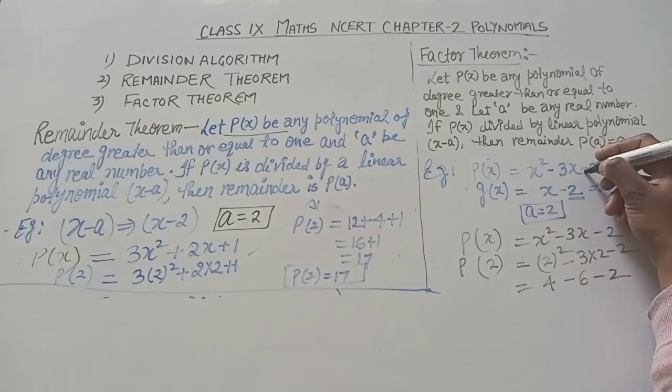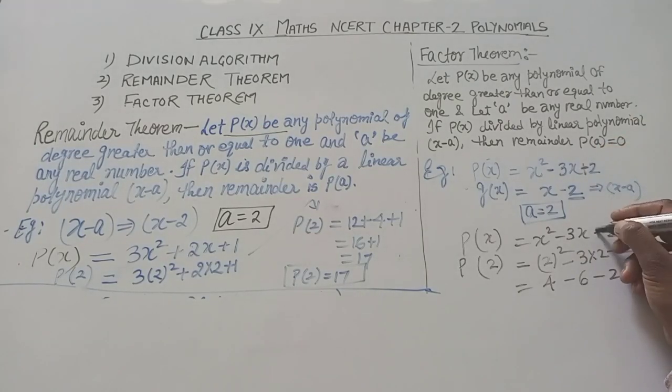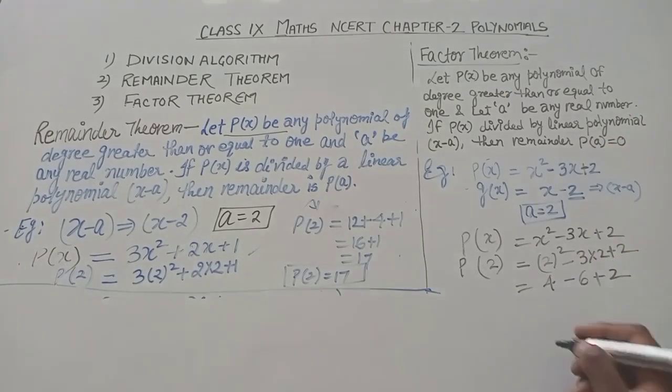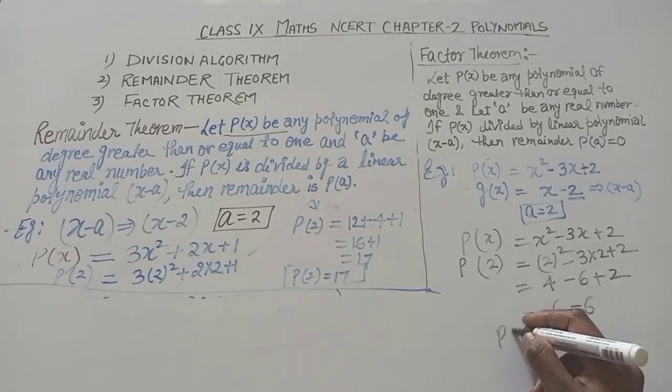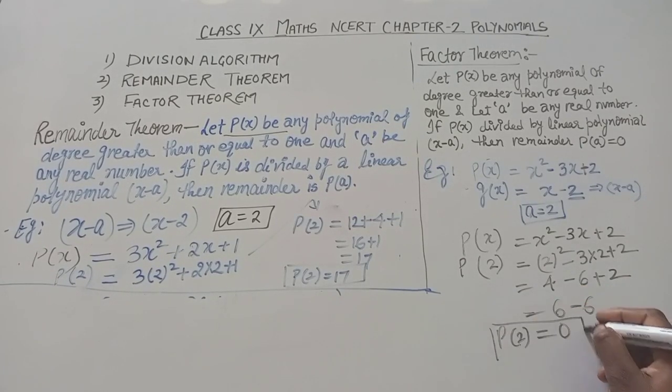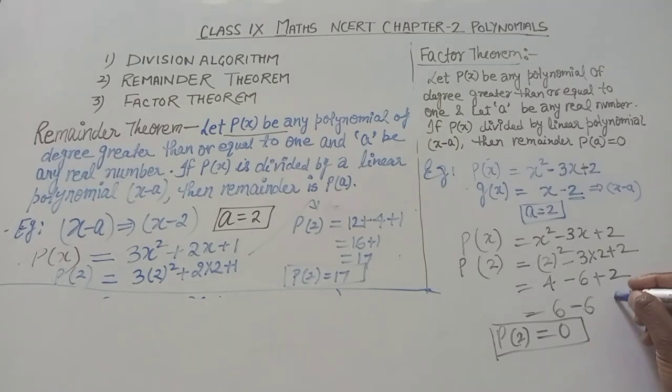Okay, so p(2) is equal to 0. It means a की value 2 रखने पर the given polynomial becomes 0. So x minus 2, that is g(x), is a factor of p(x).